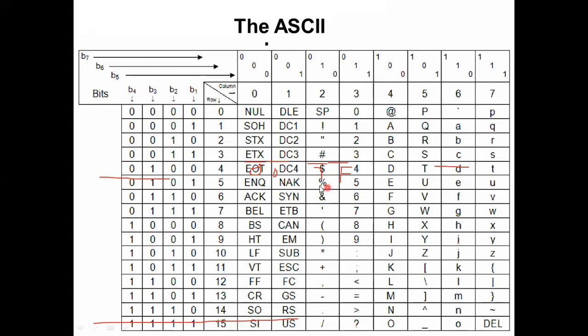So how do we know the ASCII code for this percentage symbol? For this percentage, the equivalent ASCII code is 0, 1, 0, 0, 1, 0, 1. Okay, amma, do you understand? So all of you take these problems and find the equivalent ASCII code by using the table.